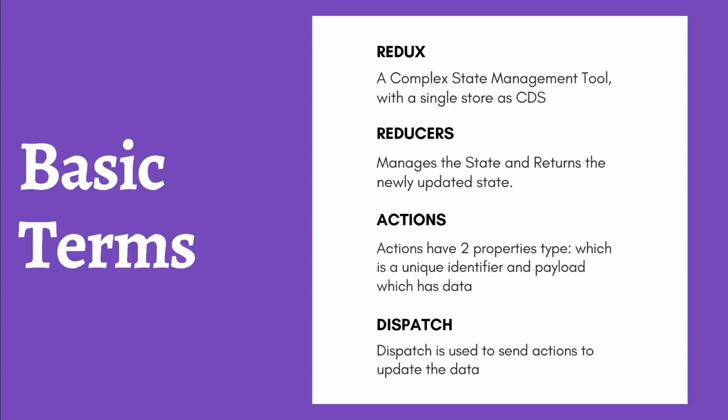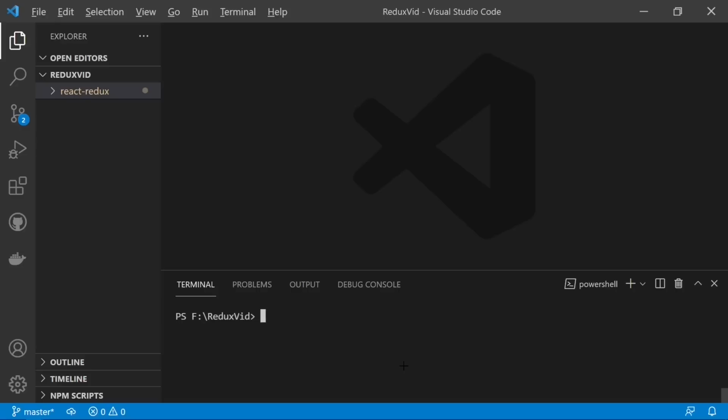So now we will create the React Redux application to build the counter application in the project. I have created a basic React application here, and you should also create it from the command npx create-react-app, and then the app name. I have given the app name as react-redux, so you can also give any name to this.